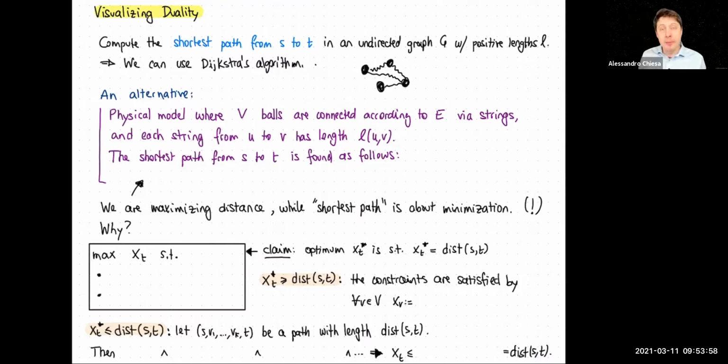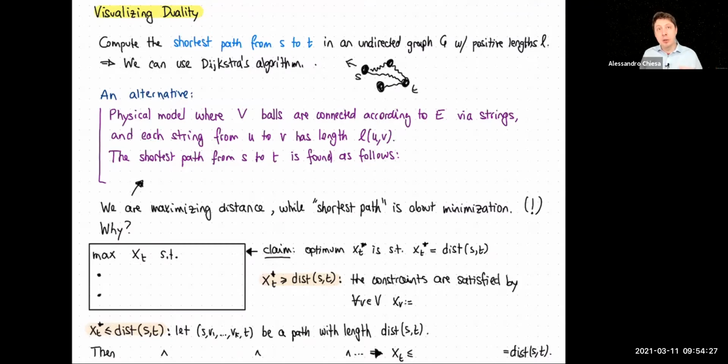And one way to compute the shortest path from S to T can be visualized as follows. Let's say this is S and that's T. You can pull that ball away from T until you cannot pull away any longer.